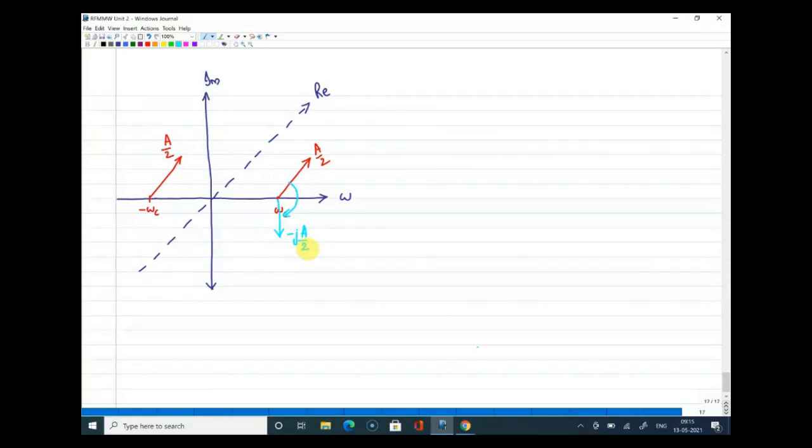Similarly, the component at minus omega c, which is a by 2, is shifted anti-clockwise, and the new component is j into a by 2. All right, I hope this is clear. So this is what happened when you started with a cosine wave and applied a 90-degree phase shift. The real component at omega c shifted clockwise, and the real component at minus omega c shifted anti-clockwise, right?